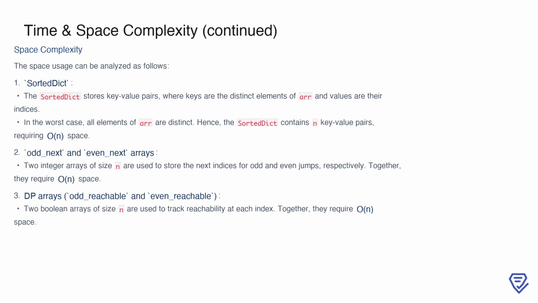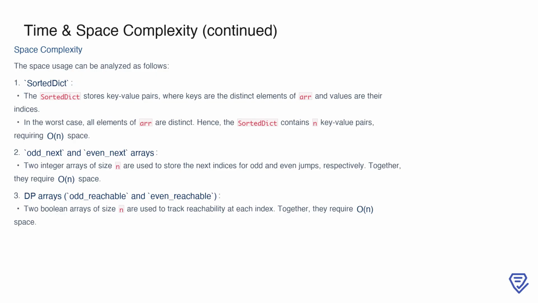Now let's consider the space complexity of the algorithm. First, the sorted dict data structure is used to store distinct elements of ARR as keys, with their indices as values. In the worst case, where all elements in ARR are unique, the sorted dict will store n key value pairs, resulting in n space usage.